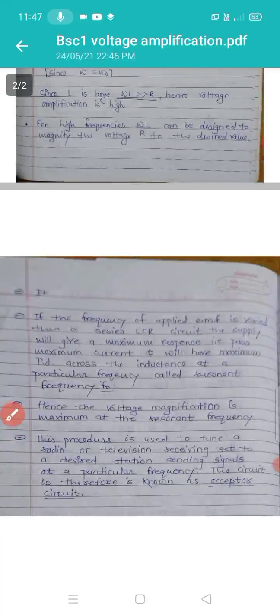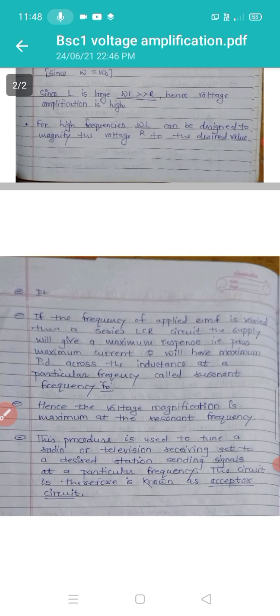This is regarding the voltage amplification in the series resonant circuit. If the inductance connected in series in the circuit is of large reactance, the potential difference across it increases to a very high value, hence we get the voltage amplification.